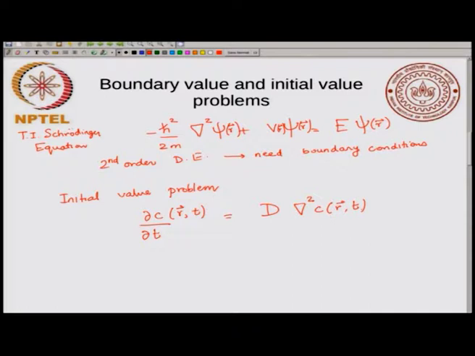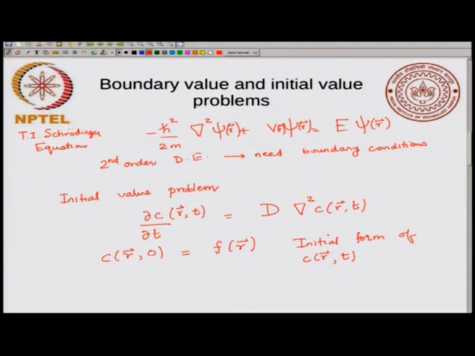So, this is a second order differential equation, and often in this equation you prescribe the initial value. So, you say c of r at t equal to 0 is some function, I will just call it f of r. So, this is the initial form of c of r, t, and this is what is called an initial value problem. Okay.